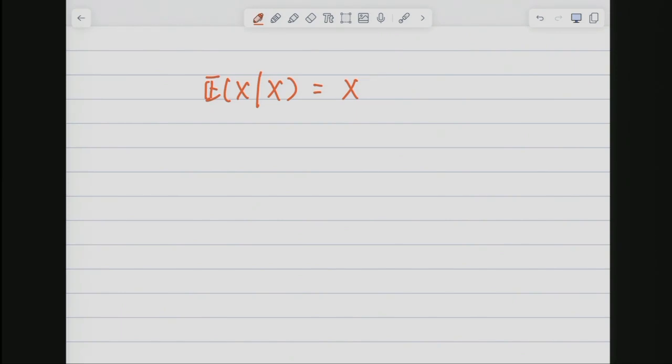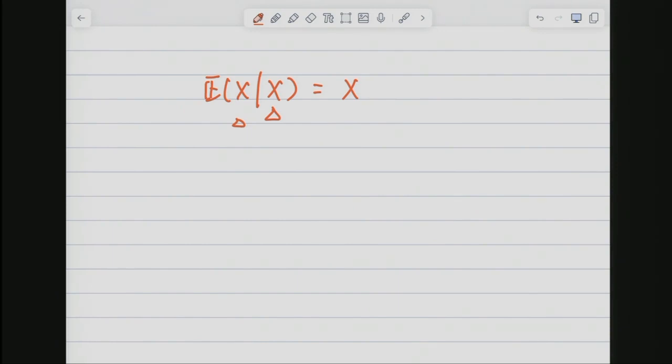Another way to understand it is to remember that the conditional expectation is essentially the solution to the best general prediction problem. Okay. Remember, we seek to find the optimal functional form of the given information, in this case x, that best predicts an outcome, okay, which appears on the left-hand side of the bar, and now it's x itself, okay.